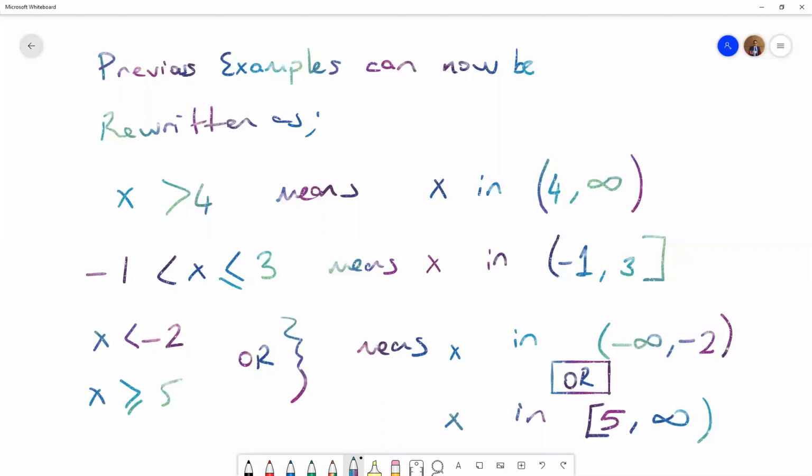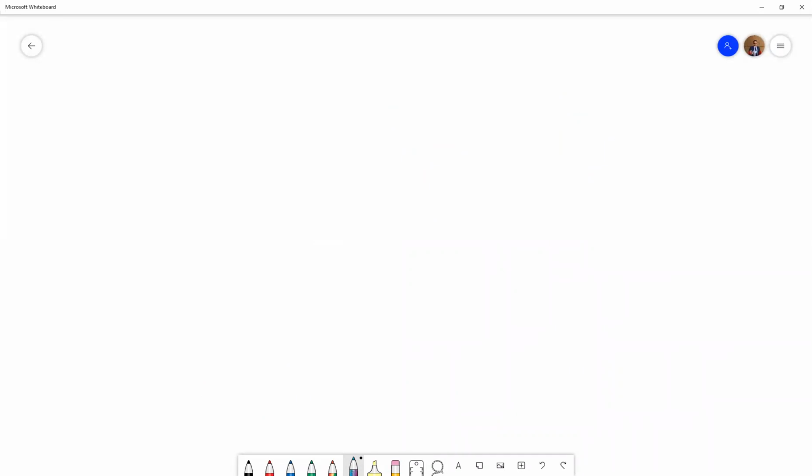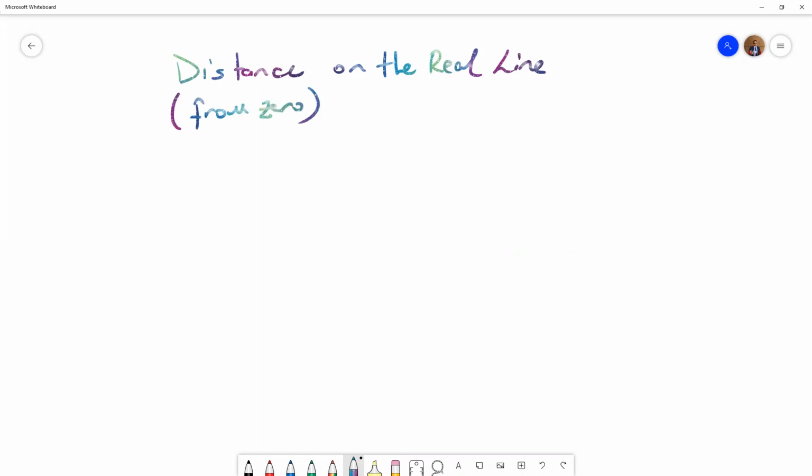Now we have another subject, also from real lines. Distance on the real line. What's that? Maybe distance from 0. Yeah, distance from 0. You may write from here like that, from 0 on the real line.